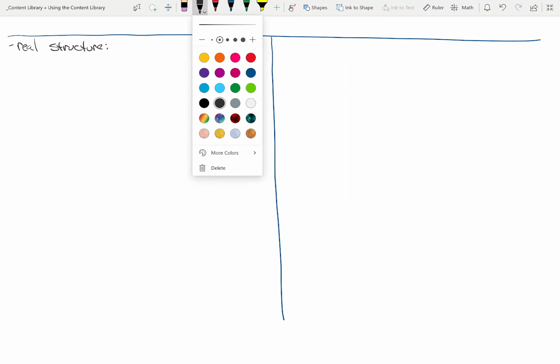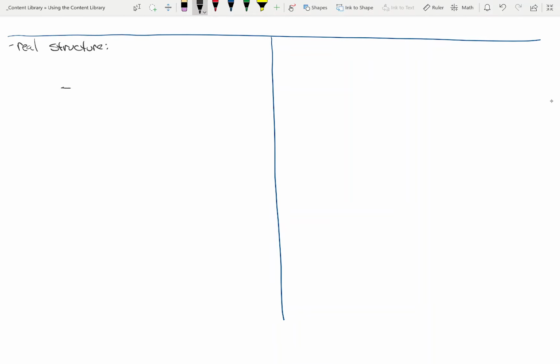So here's the real structure. The real structure has 10 kips, 20 kips, and 3 kips per foot.